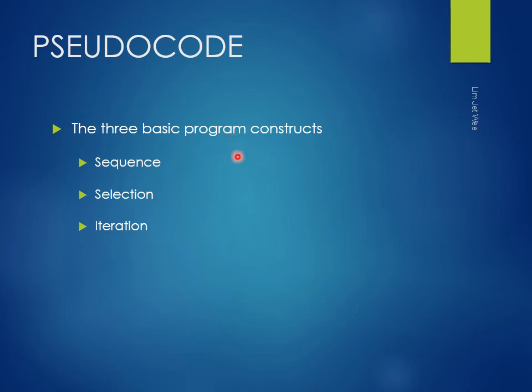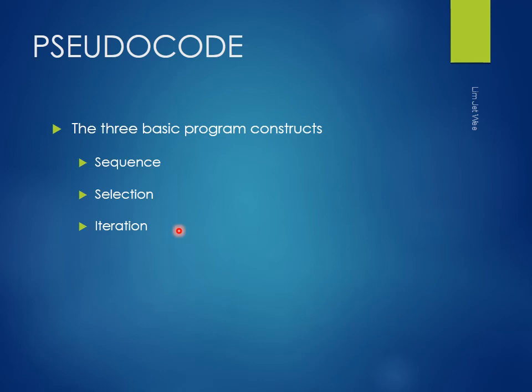Now, although pseudocode is independent of programming language, it still mimics the programming language. Try to restrict yourself to the three basic program constructs, which are sequence, selection, and iteration, or loops.